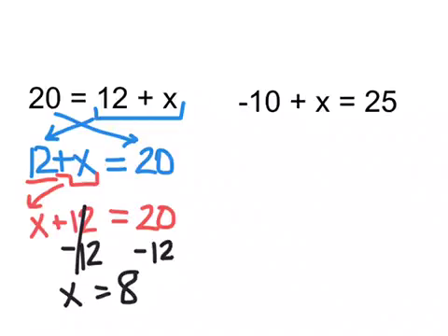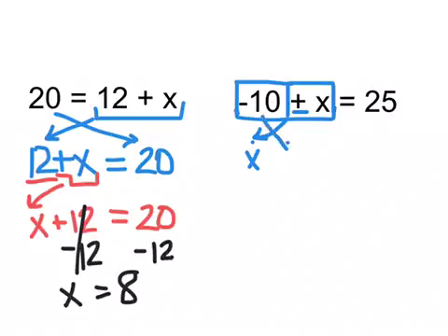Now, on this side, I want to switch my x, which is positive, and my negative 10. So I simply bring my x, which is positive, to this side, and I bring my negative 10 here, which gives me x minus 10 equals 25.